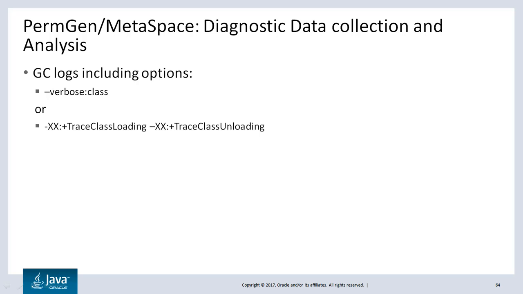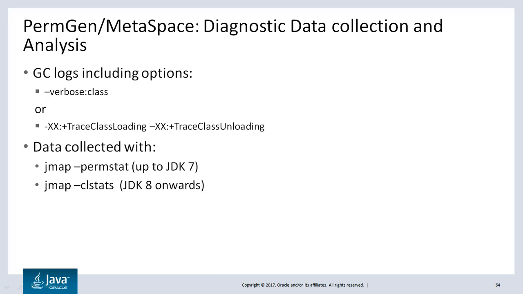They can show if the classes are getting loaded and unloaded as we expect them to, or if they are getting loaded from the correct jar or package. Data collected with jmap, jmap -permstat for permanent generation, and jmap -clstat for metaspace provide very useful insights. And of course, heap dumps are helpful here too in investigating classes and class loader related leaks.